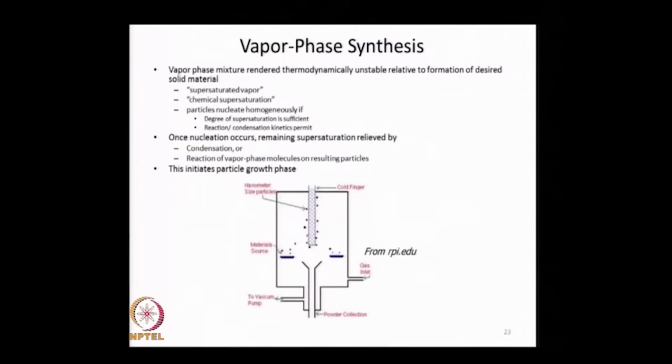Homogeneous nucleation happens when you have a sufficiently high degree of supersaturation and the kinetics favor the formation of the nanomaterial. So, the reaction as well as condensation kinetics should be such that particles can nucleate homogeneously. Heterogeneous nucleation on the other hand has a much lower energy barrier. It is much easier to get particles to nucleate on a heterogeneous surface.